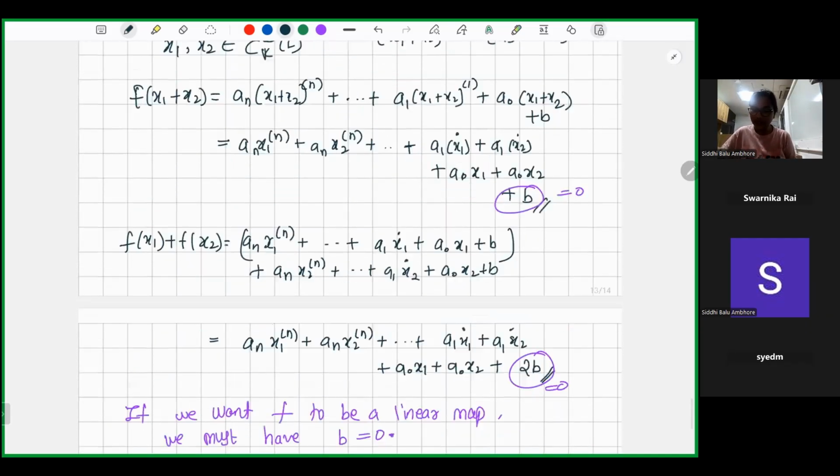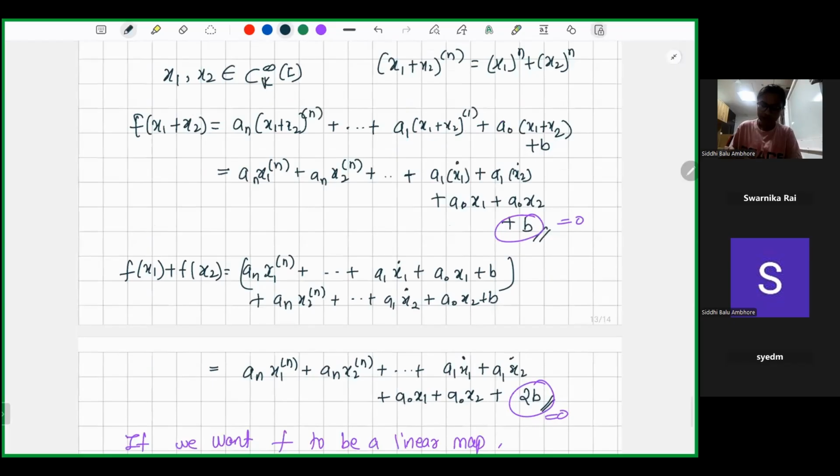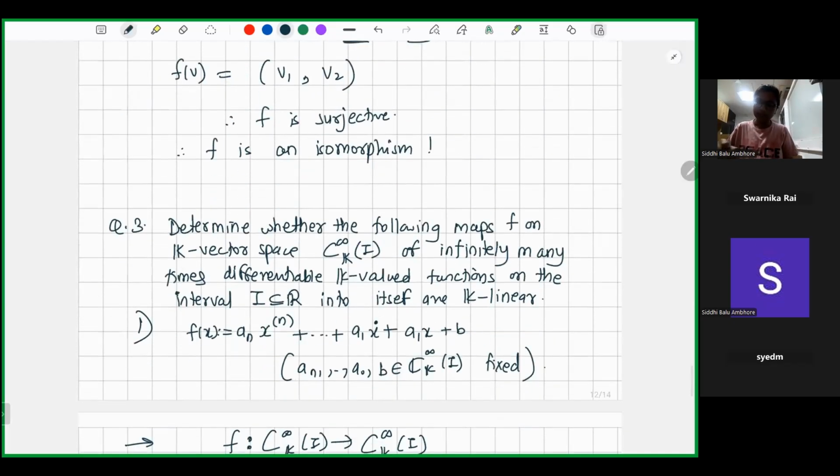And for the scalar multiplication, now when I'm taking scalar multiplication, this a is again a function. What is it? Whether it is f on a k vector space. So this is a k-valued function.